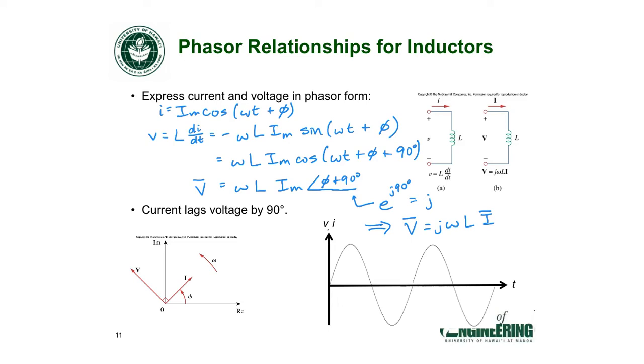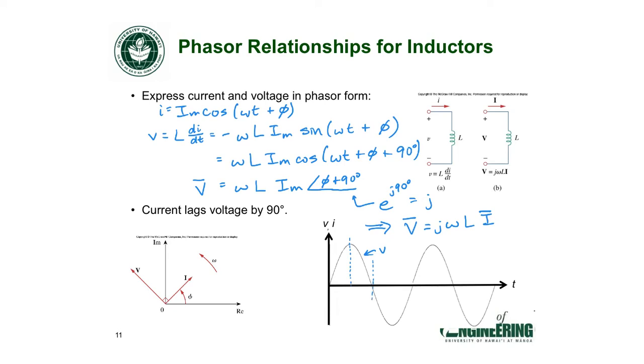So what this means is that, again, this is going to be the readout of your oscilloscope if you were to measure the voltage across the inductor. So this curve is voltage, and here is the time point for a maximum.